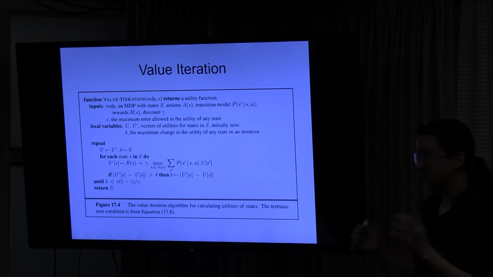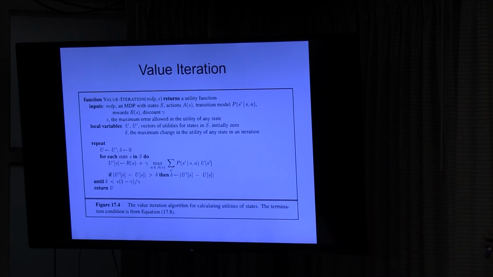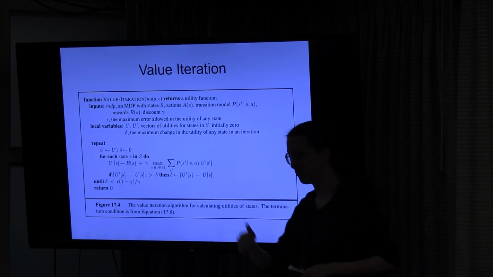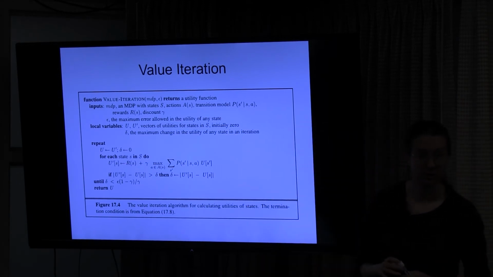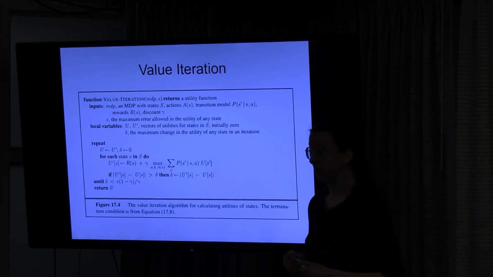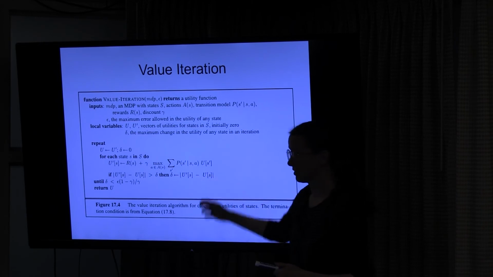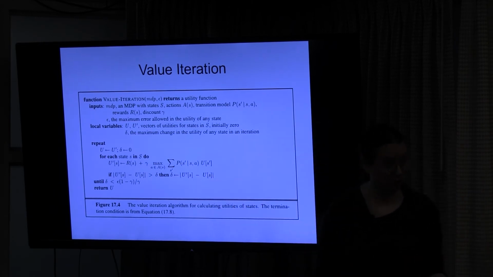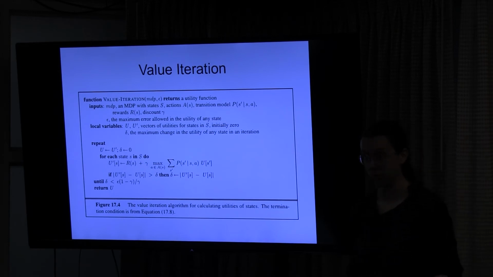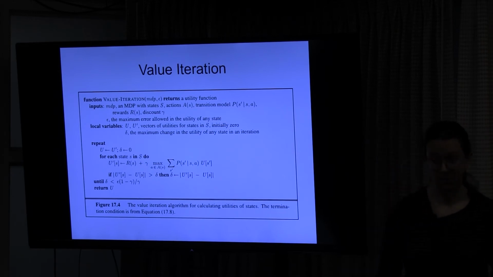So I'm just going to keep going until things stop changing, and then hope that takes me to a good place. If you read the book and the research literature, you can prove that this actually does converge. It will eventually stop changing too much, and it'll converge to the true utility function. Once you have that, you can use it to come up with a policy. Does that make sense to everybody?